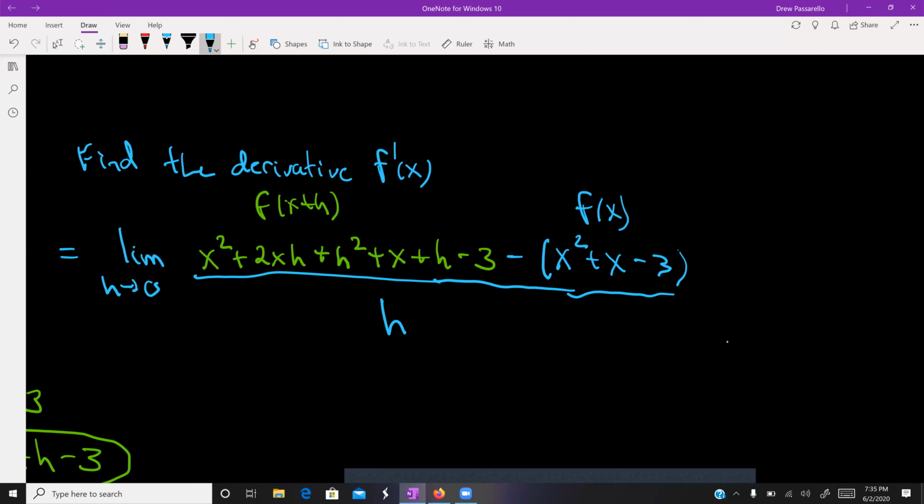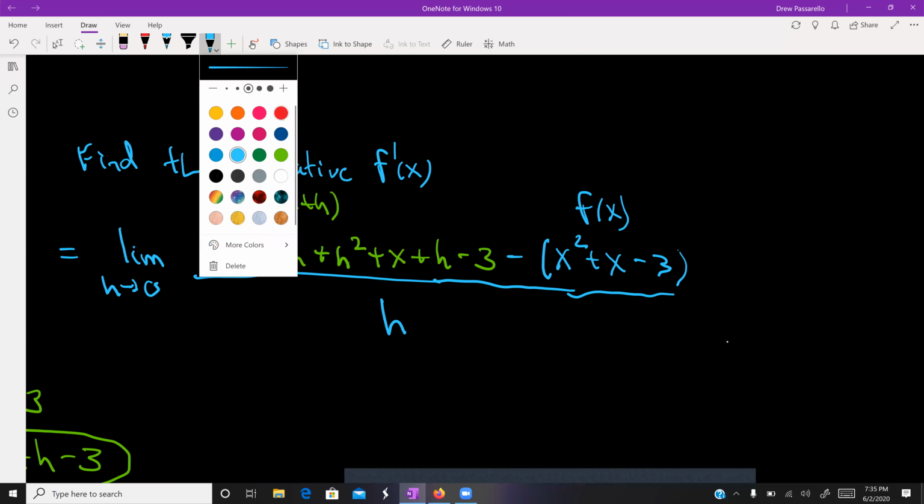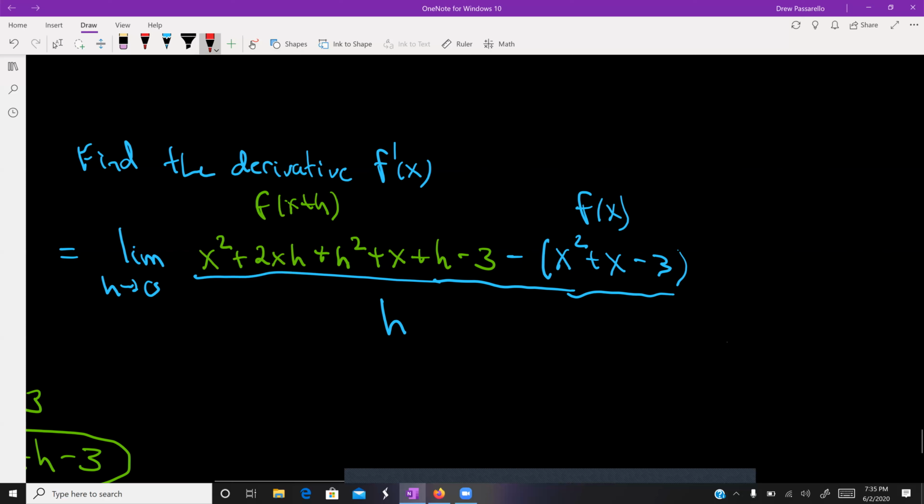Because there's this minus sign, I would distribute the minus sign. So it goes to minus x squared, then minus x, and then minus times minus 3 makes positive 3. Because that's a minus x squared, I can cancel it out with the positive x squared. Because this is a minus x, I can cancel it with the positive x.